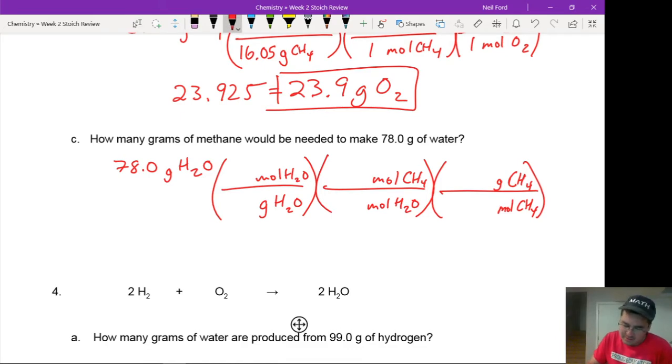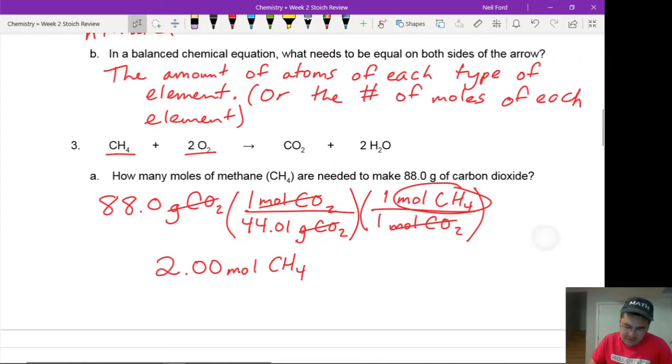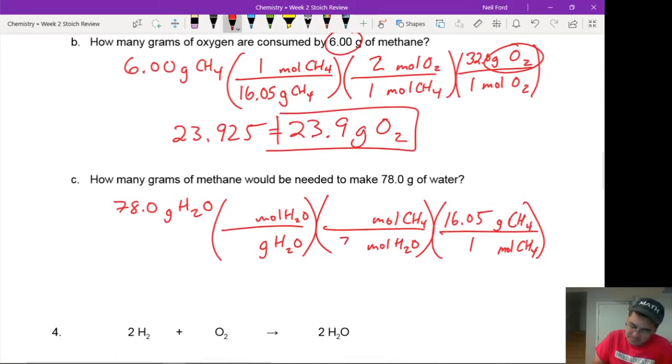There are 16.05 grams in 1 mole. CH4 to H2O, I go look at my coefficient. There's 2 H2Os for 1 CH4. I know 1 mole of water weighs 18.0 grams.